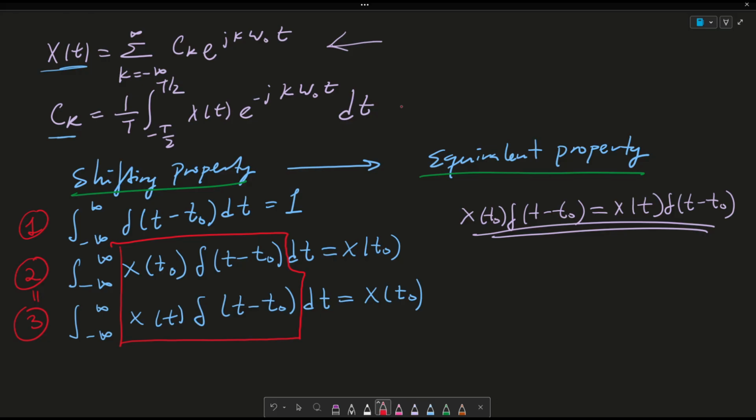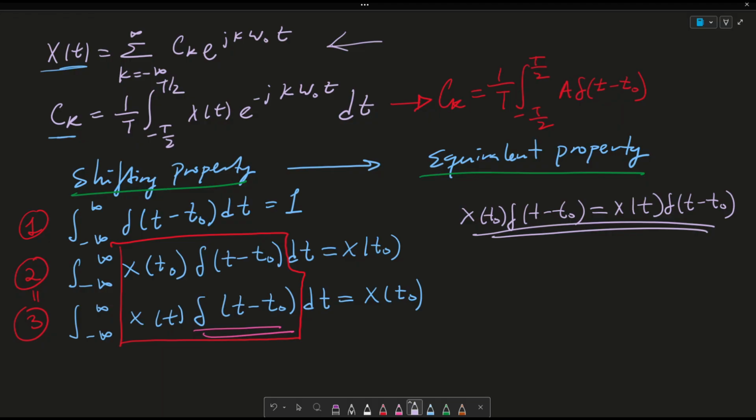So in order to solve for c_k, I'm going to rewrite c_k as the following: 1 over T integrated from -T/2 to T/2 of x(t), which is A δ(t - t₀), where again this t₀, if you scroll up, is basically 0. But nonetheless, we can still write it as t₀. So it looks like this function here.